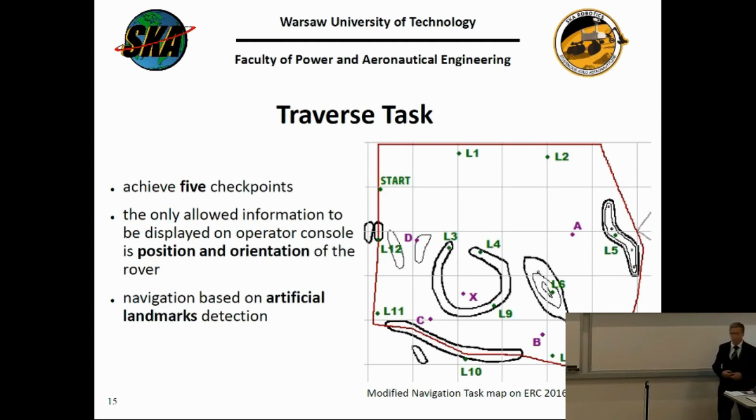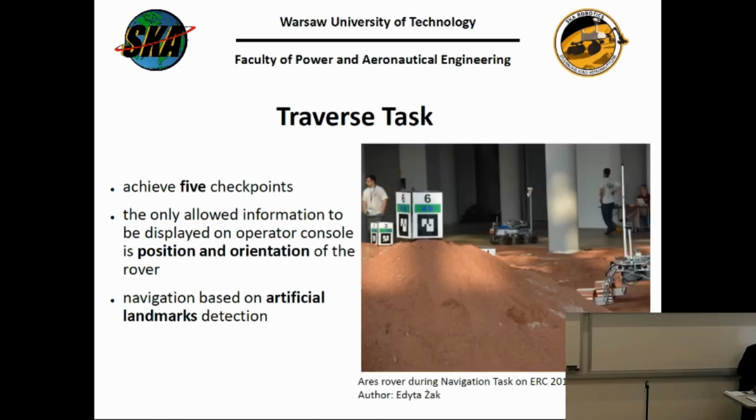And what is more, during the traverse task, a rover has to autonomously reach 5 checkpoints, and the only information allowed to be displayed on the operator console is the position and orientation of the rover, and such data can be calculated by navigation using artificial landmarks like the ones presented here, which are cuboids with their IDs encoded on every sidewall.